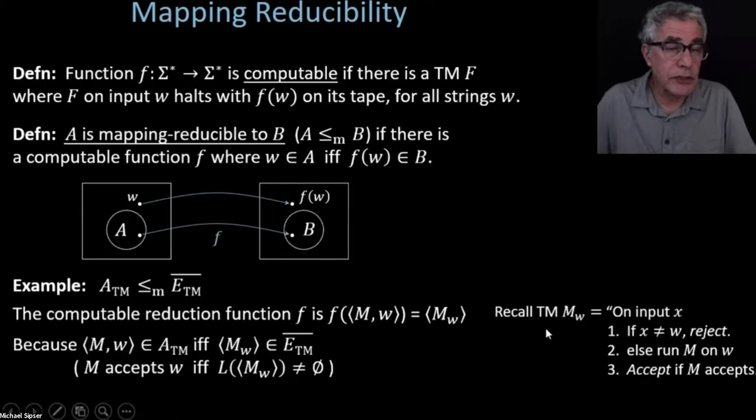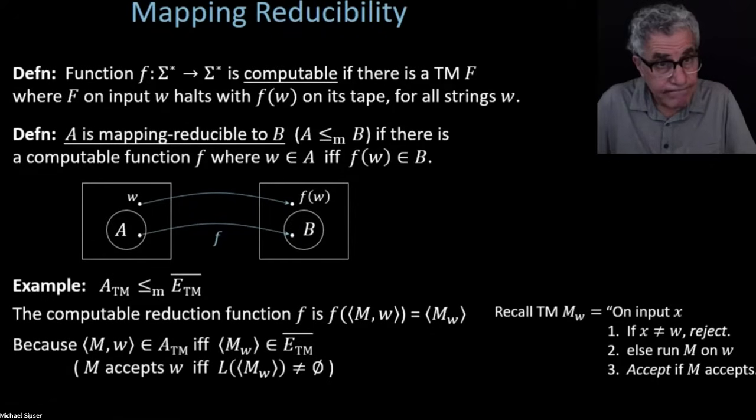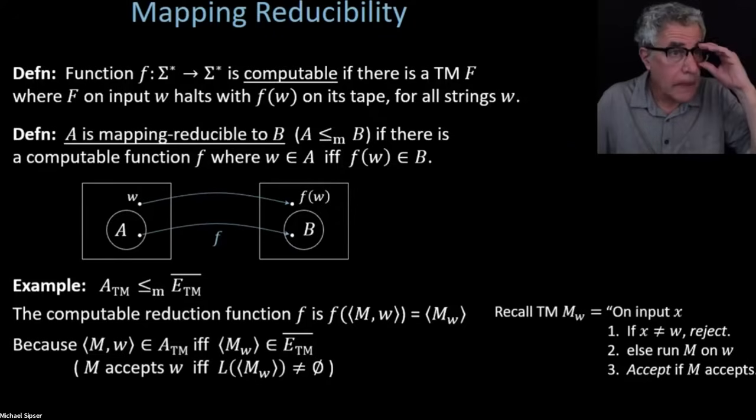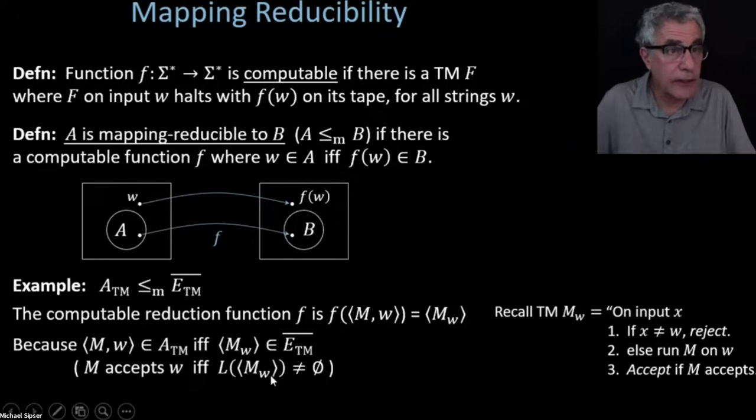The reason why this reduction function works is that M and W is in Eqtm if and only if M sub W is in the complement of Eqtm. So M accepts W exactly when M sub W's language is not empty.